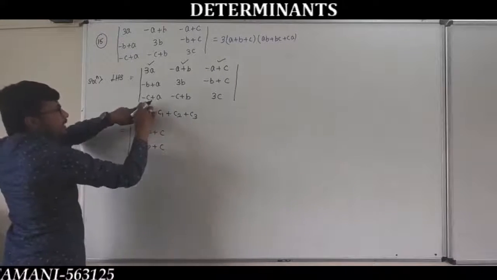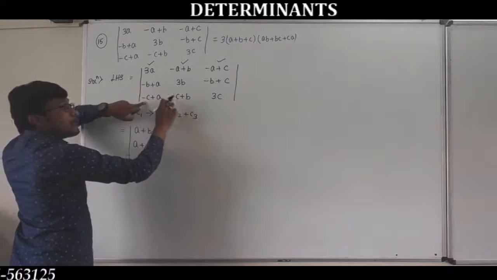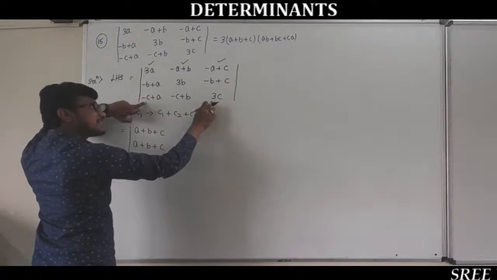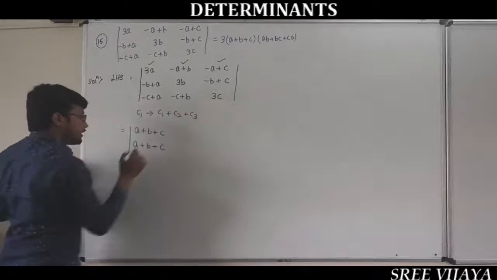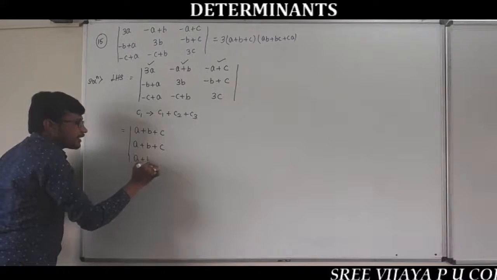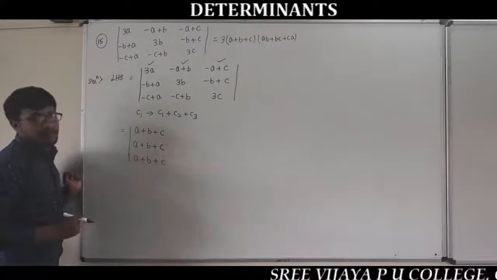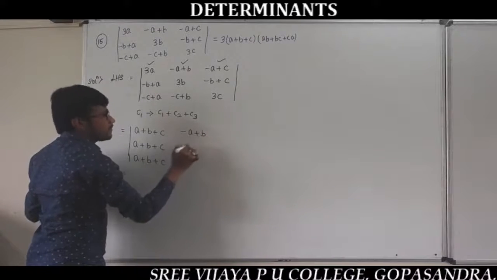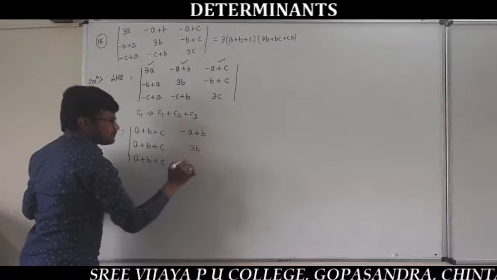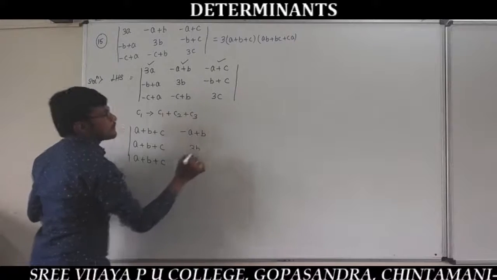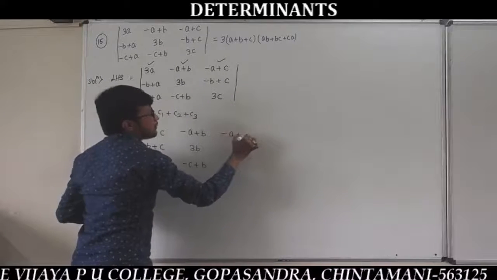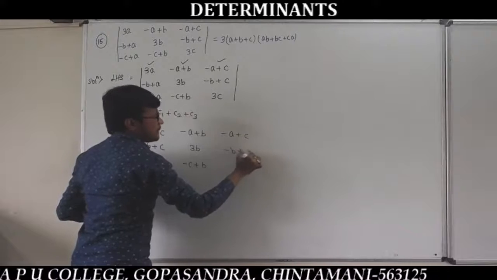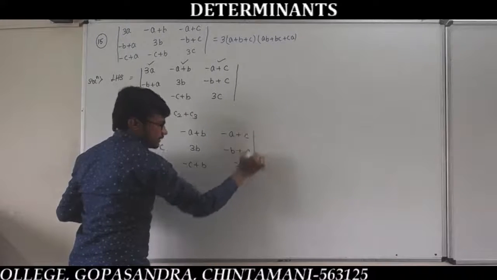Next, minus c plus a, minus c plus b, 3c: minus 2c plus 3c is c, plus a plus b, which can be rearranged as a plus b plus c. Column 2 and column 3 stay as they are: minus a plus b, 3b, minus c plus b; minus a plus c, minus b plus c, and 3c.